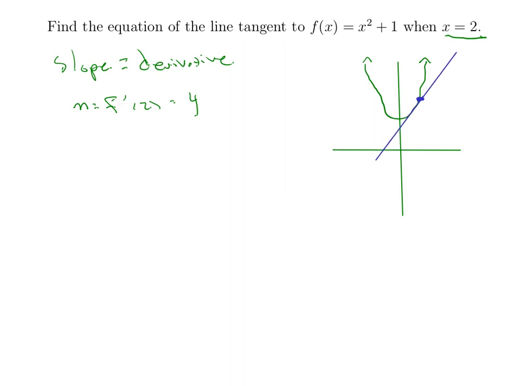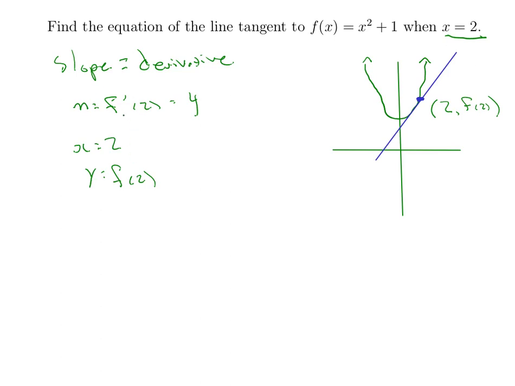We know this line has a slope of 4, and we also have this blue point on the line. But notice that that's also a point on this graph. We know that the x value here is 2, and the y value can just come from our function, f of 2. So here we've got that x is 2 and y is f of 2.